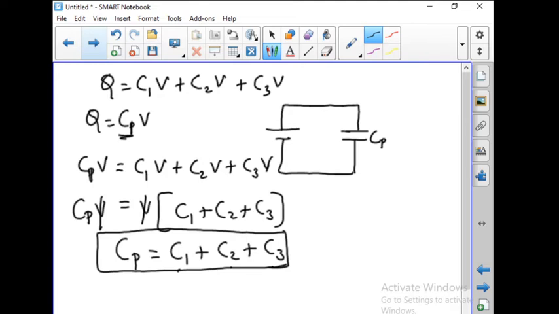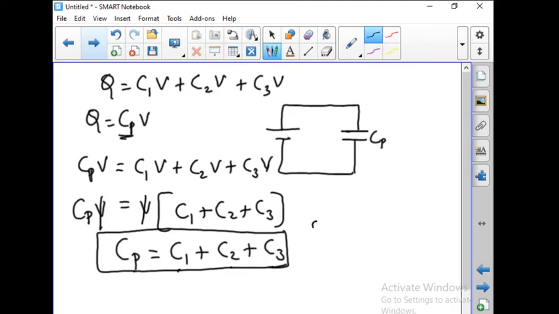And this equivalent capacitance is always greater than the largest individual capacitance. In a parallel connection, the area of each capacitor adds to give a more effective area, such that the total capacitance increases.